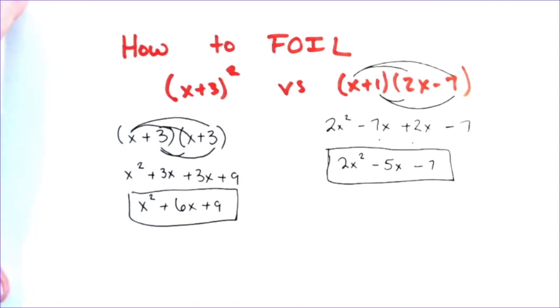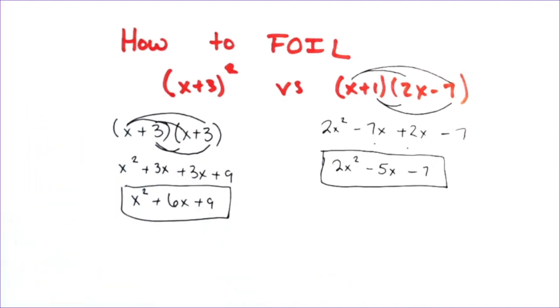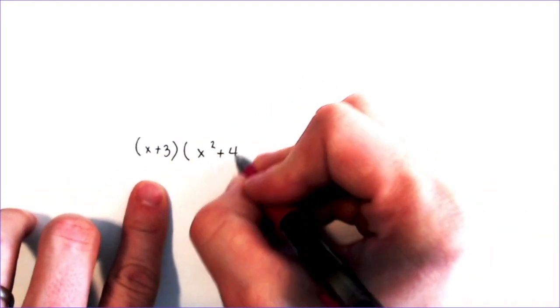We're going to do one more problem. This one is a little more difficult and just a little longer, really. So we are going to continue FOILing, but instead of just having a binomial, 2 terms times 2 terms, we are going to have a binomial, a 2-termed expression, x plus 3, times a trinomial.